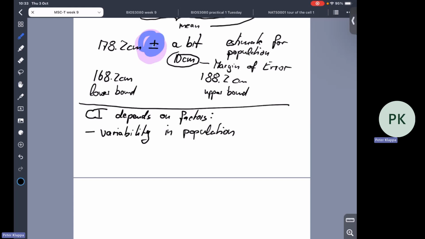There's a huge variability in it. So how do I find the variability of the population? This is a little bit of a problem. Let's park that thought for a moment. Variability of the population, how do we do that?